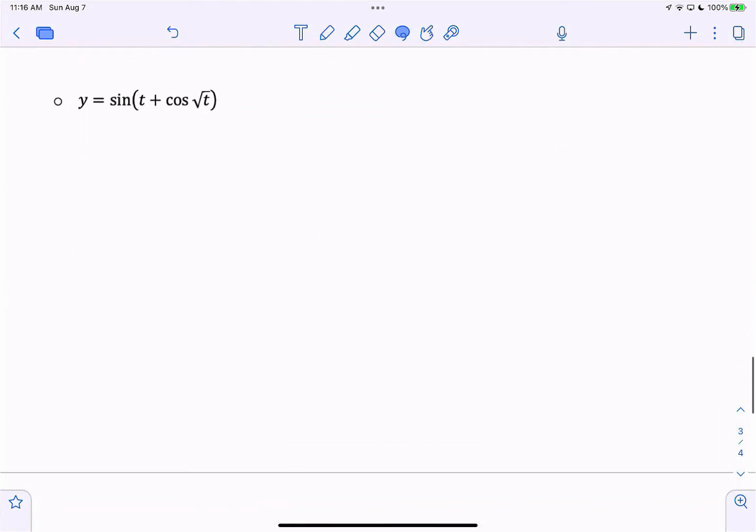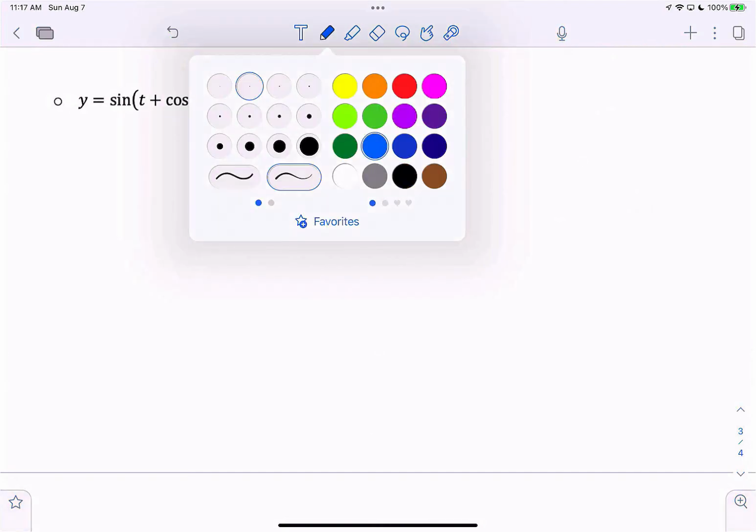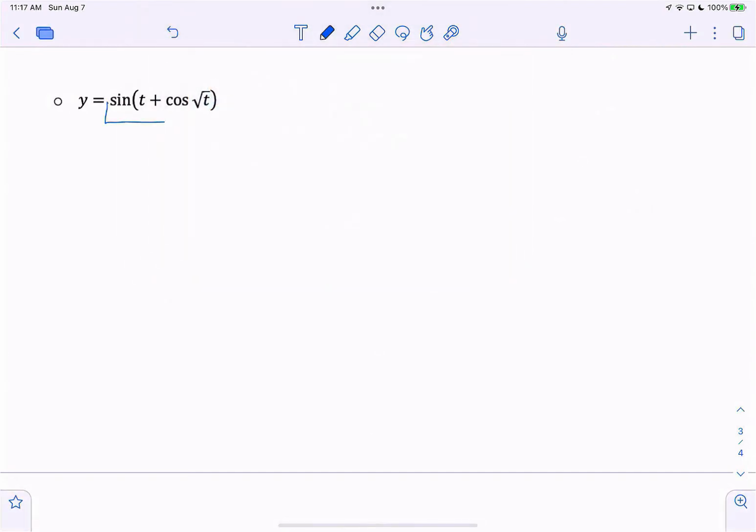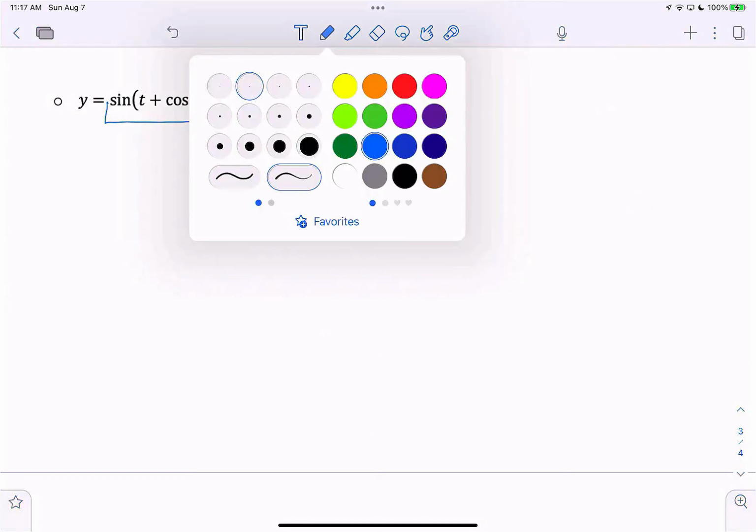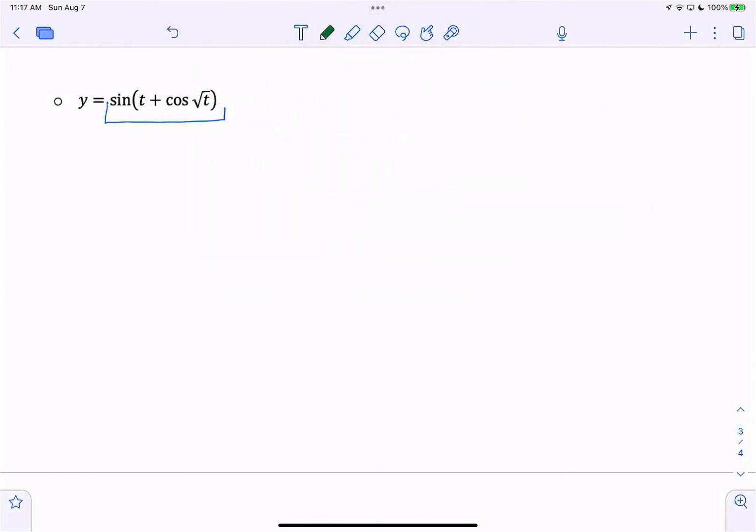Continuing on, we're going to differentiate y equals the sine of t plus the cosine of the square root of t. This one we're going to do together. Okay, this is a composition. Clearly the sine function is the outside function. There's a middle function, t plus the cosine of the square root of t, so we need that derivative.